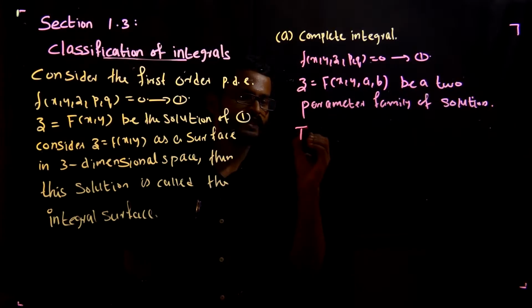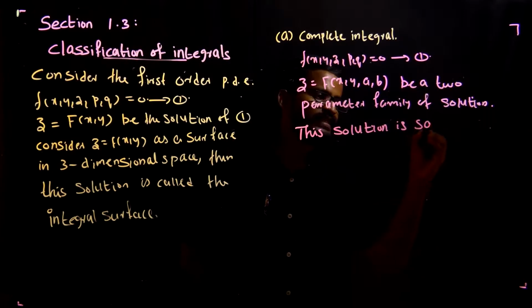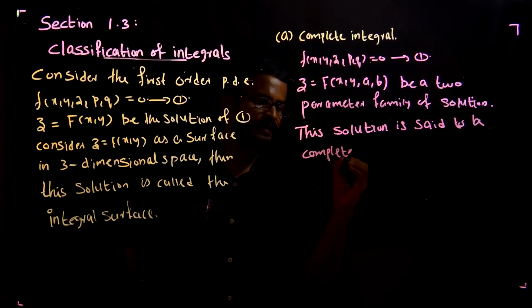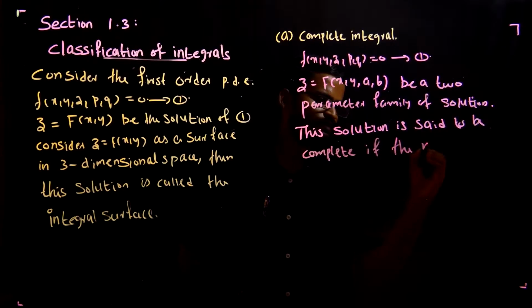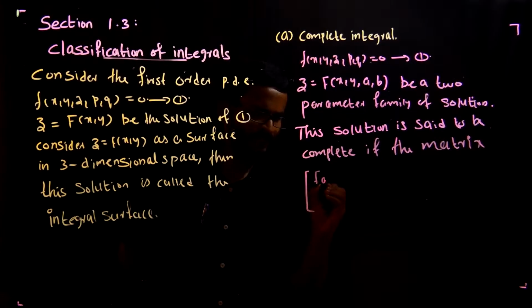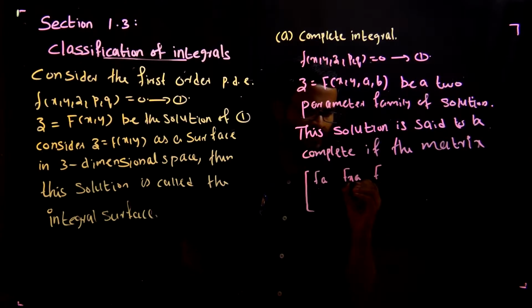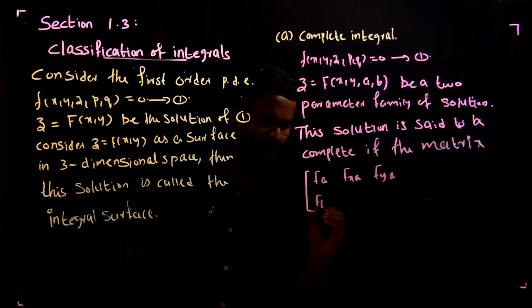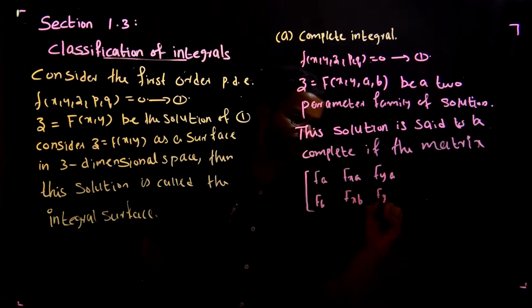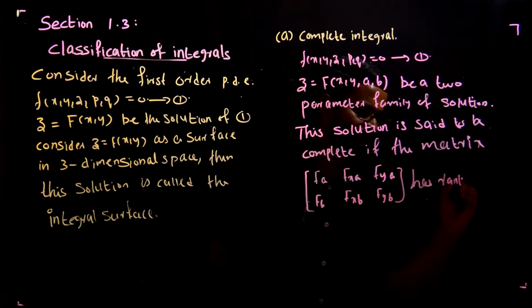Then this solution is said to be complete if the matrix F_a, F_xa, F_ya, F_b, F_xb, F_yb has rank 2.